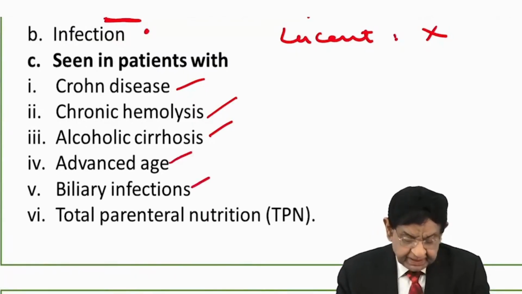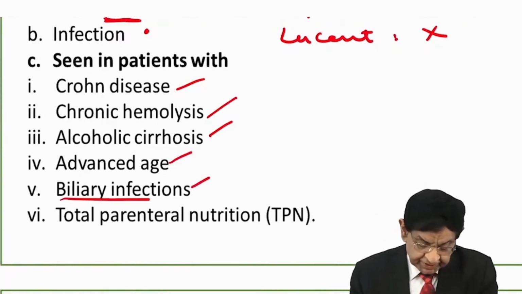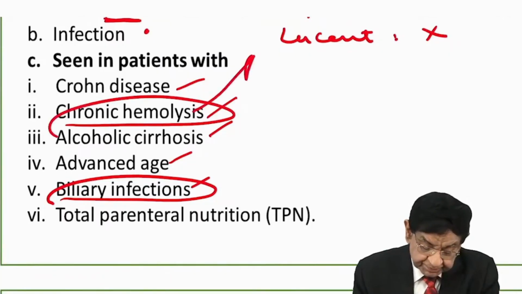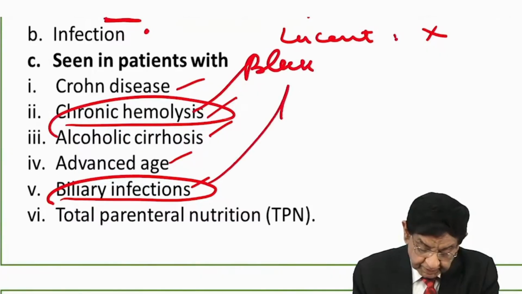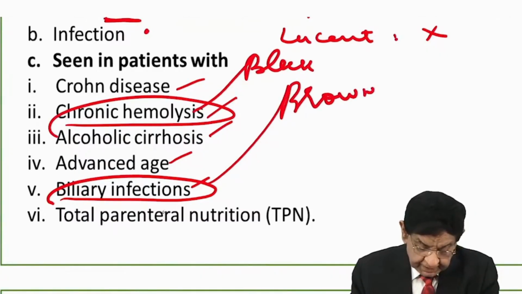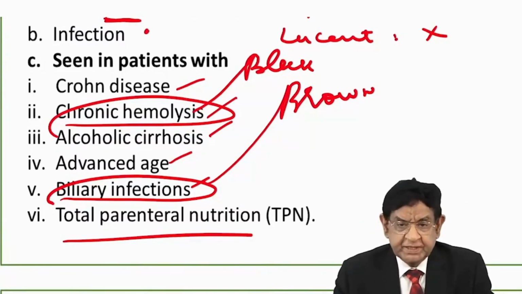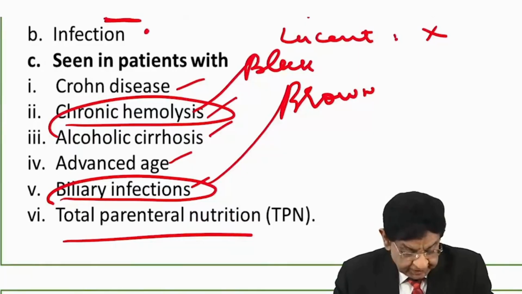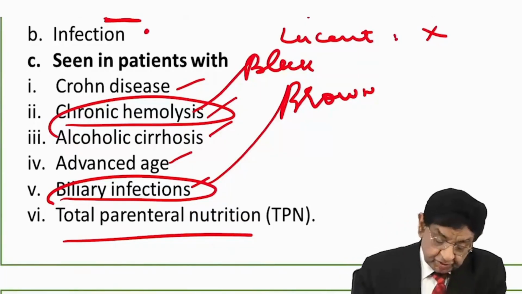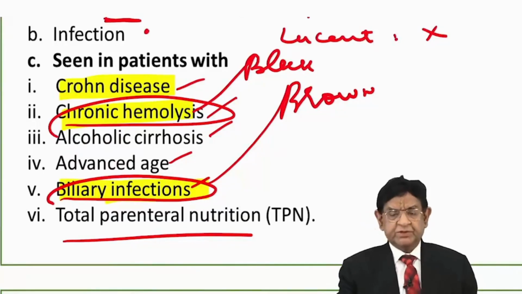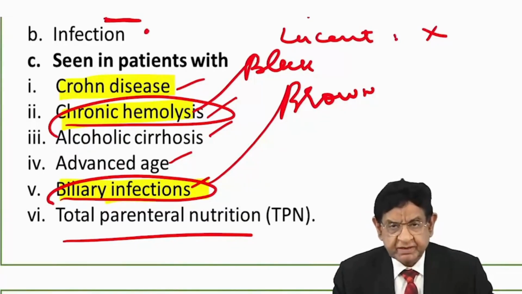Advancing age, biliary infection: this is the one which is going to have brown. This is the one which is going to have black. And total parenteral nutrition can also predispose to stone formation. All right. Keywords to remember here are hemolysis, Crohn's disease, biliary infection. They are the three things that you have to remember in this particular slide.